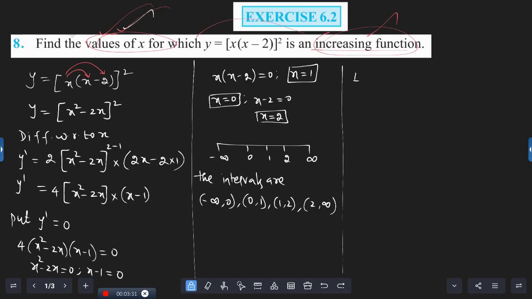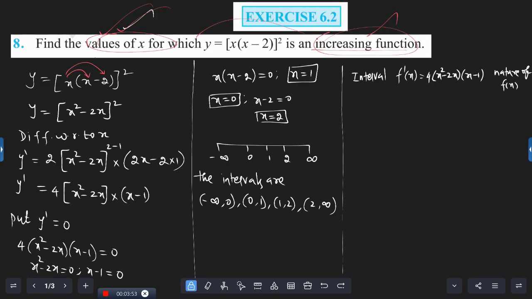In the table, first the interval, next f dash of x, that is y dash, which is 4 into x square minus 2x into x minus 1, next the nature of f of x.